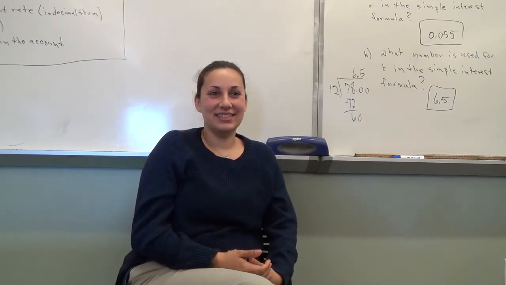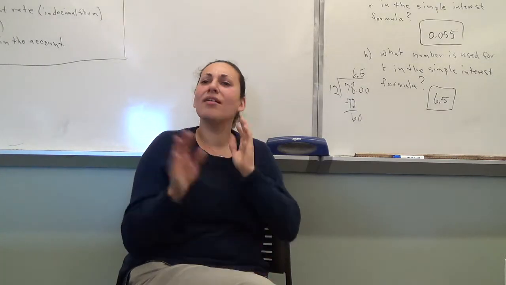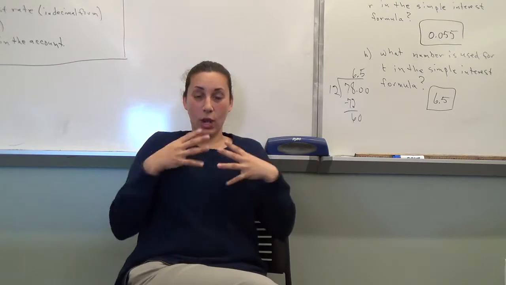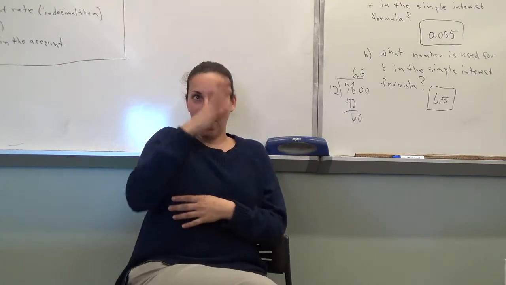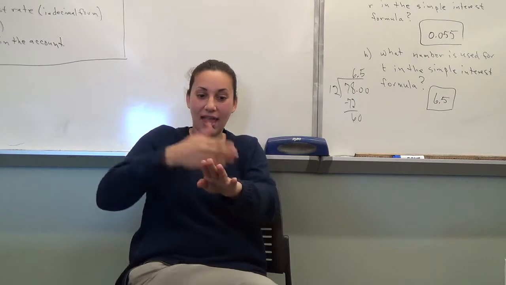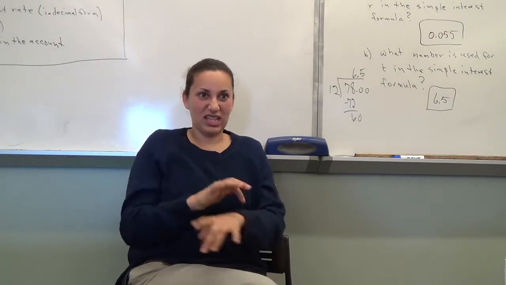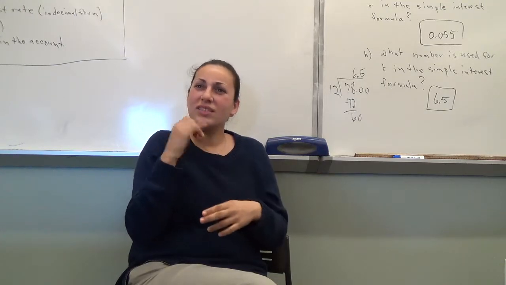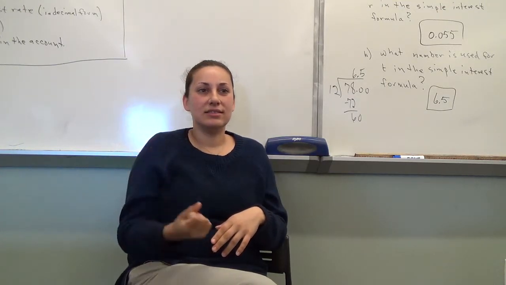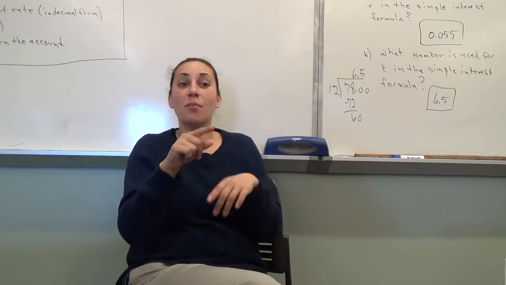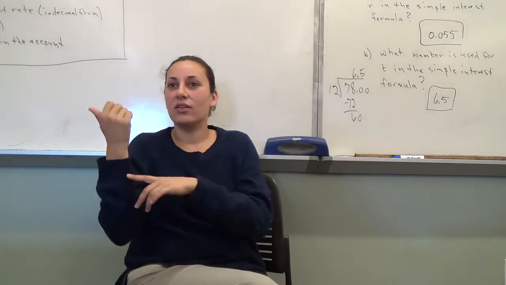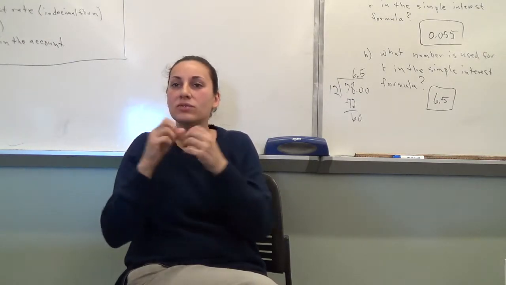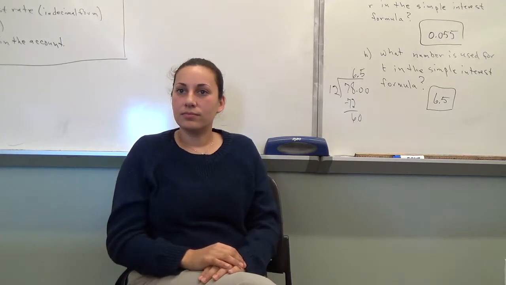The new player on the block is N, which is equal to the number of compounding periods per year. So with this formula, we should be able to take our problem over here, put the numbers into the calculator, and see what it comes out to be.